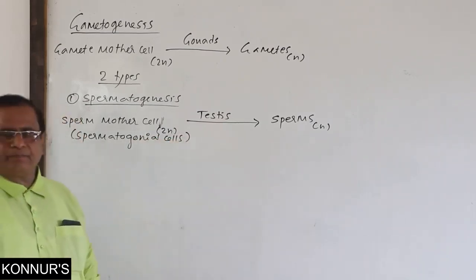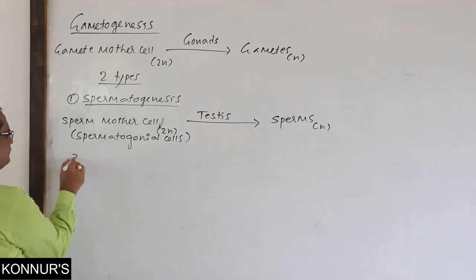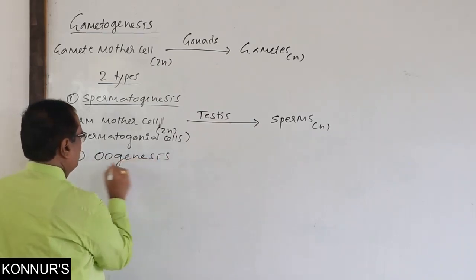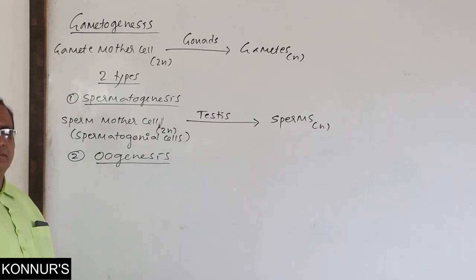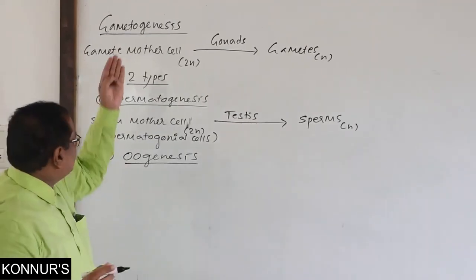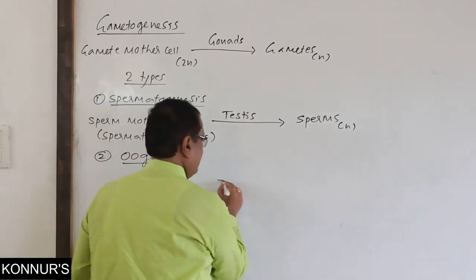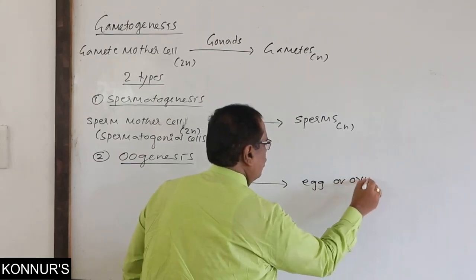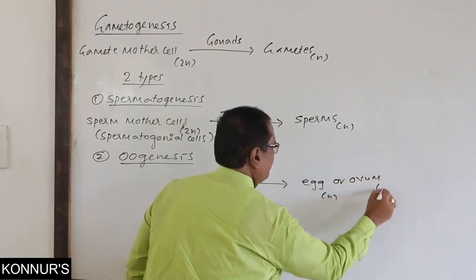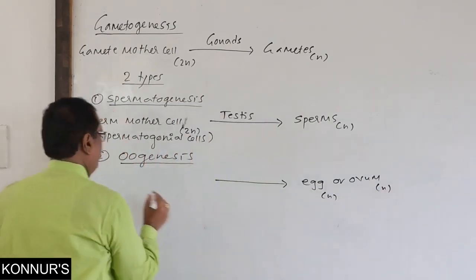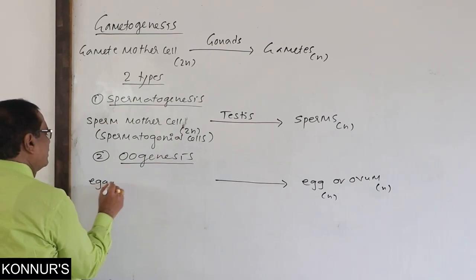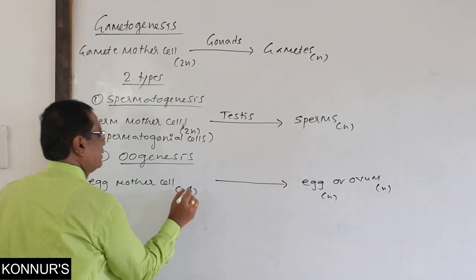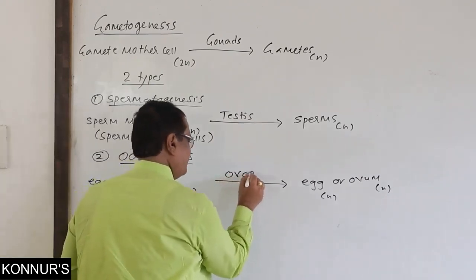Spermatogonial cells. In a similar way, the second type, oogenesis. Oogenesis is a type of gametogenesis where a haploid egg or ovum is formed from an egg mother cell, a diploid egg mother cell in the ovary.